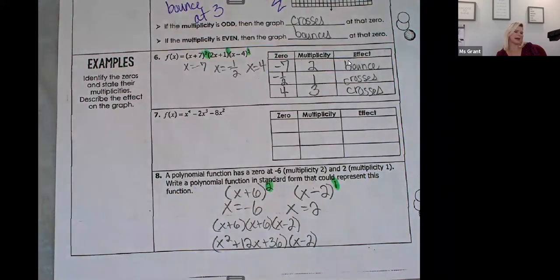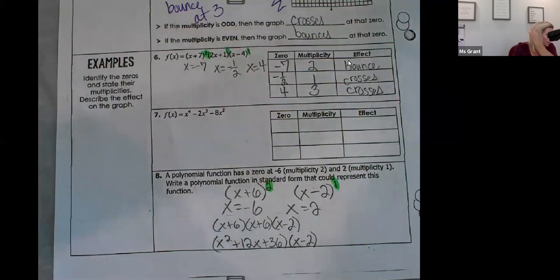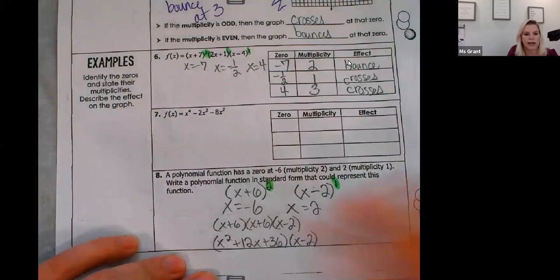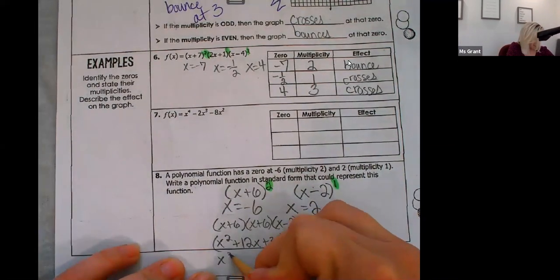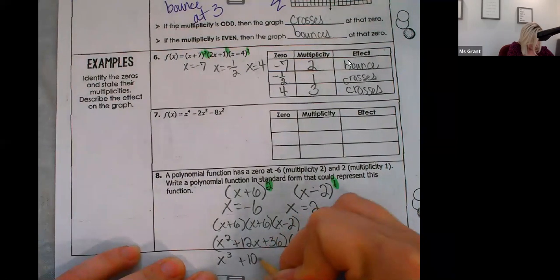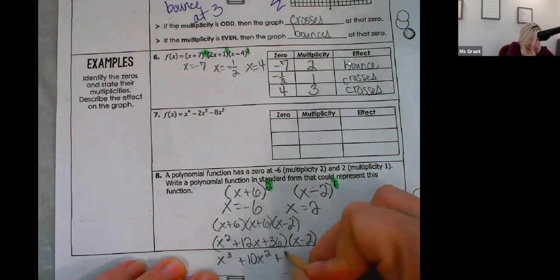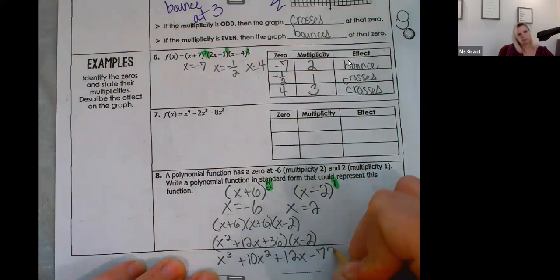So I'm just multiplying it out. And I'm getting fully done form x to the third plus 10x squared plus 12x minus 72.